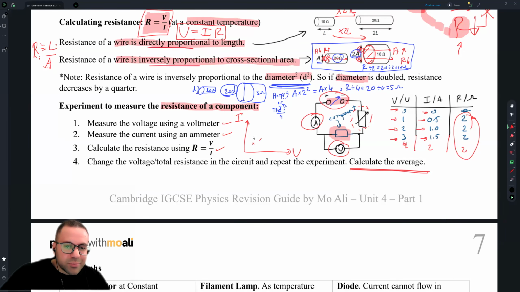If you plot these points, and it's a resistor, like a fixed resistor, you should get a nice straight line going through. The slope of this line, or like the inverse of the slope of this line, shows you what happens to the resistance. If the slope is constant, the resistance is also constant.